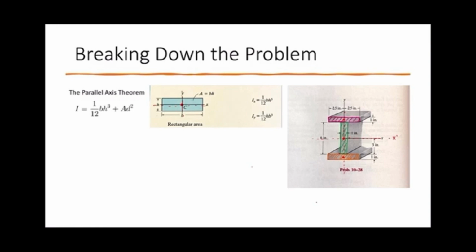And I want to just show you the parallel axis theorem, okay? And why we have an area times a distance squared here, whereas we don't have an area times distance squared there. And this is going to be a very important part of this problem in particular.